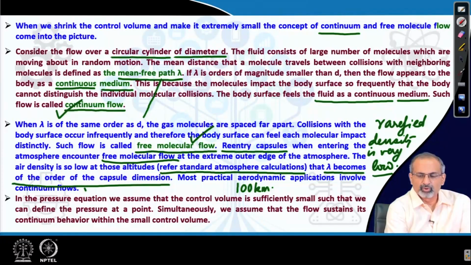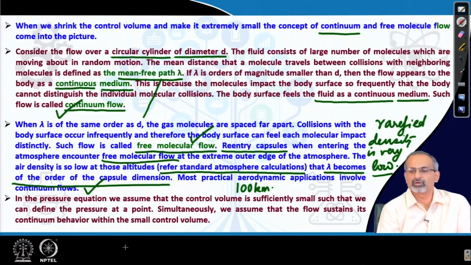Now, the good thing is most of the practical aerodynamic applications involve continuum flows. So, we do not very regularly look at rarefied flows, but if we do, then we have to accept this reality and go ahead with the analysis by taking this issue into account.